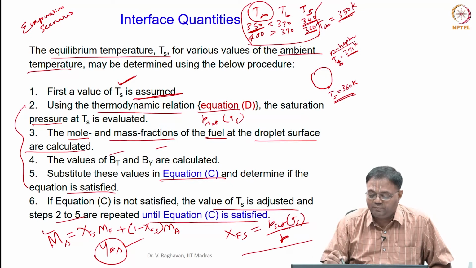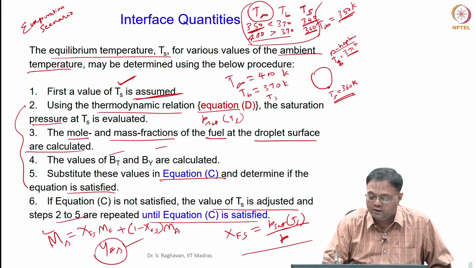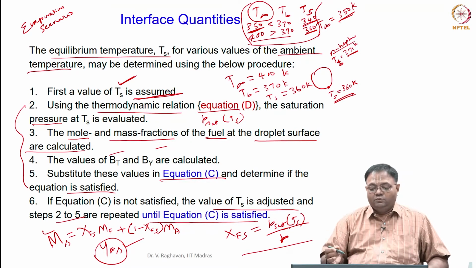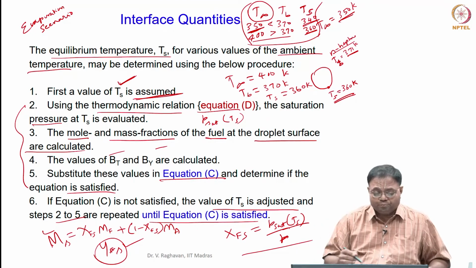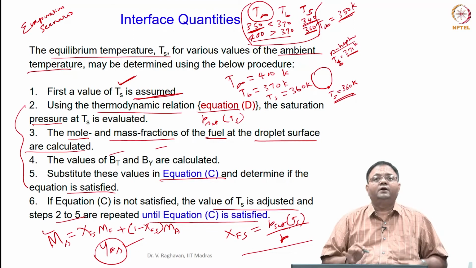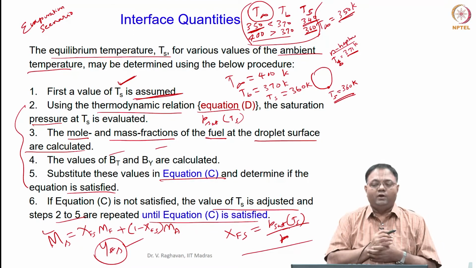Let us say for heptane itself, the second case, let us take T infinity as 400 Kelvin and the boiling point as 370 Kelvin. Now your Ts can be say 360 Kelvin. I am just giving some idea, 360 or so. As ambient temperature increases, your Ts will increase. So this is an iterative procedure to calculate the value of Ts and the corresponding YFS values.